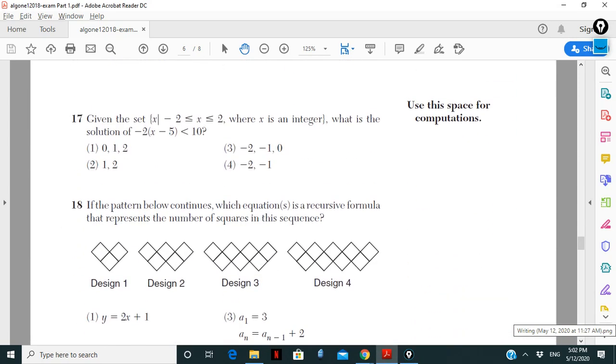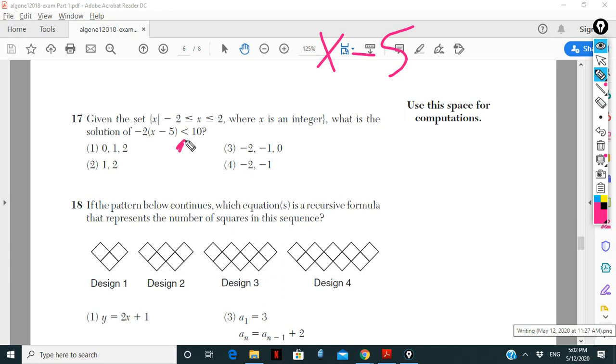Question number 17. Given the set x, the domain from negative 2 to 2, where x is an integer, what is the solution for negative 2x minus 5 is less than 10? So the first step, I divide by the negative sign. But when I divide, I have to switch the sign.